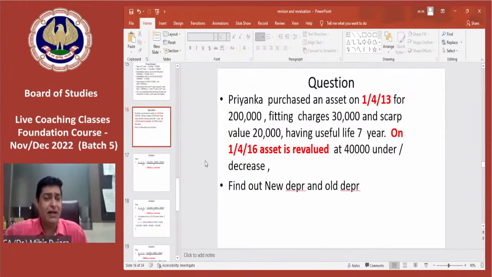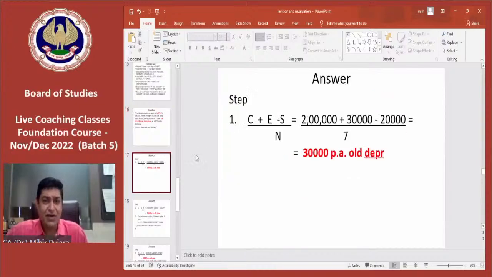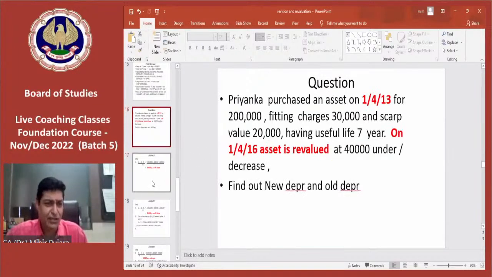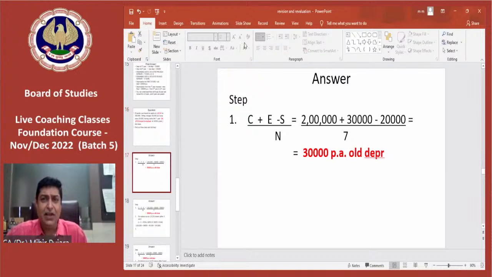So find out the closing balance after 3 years, guys. Tell me, what will be the closing balance after 3 years? What is the formula?